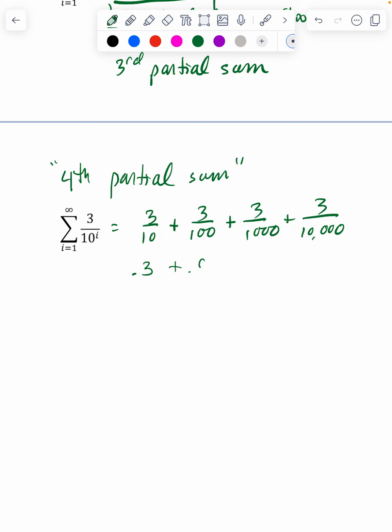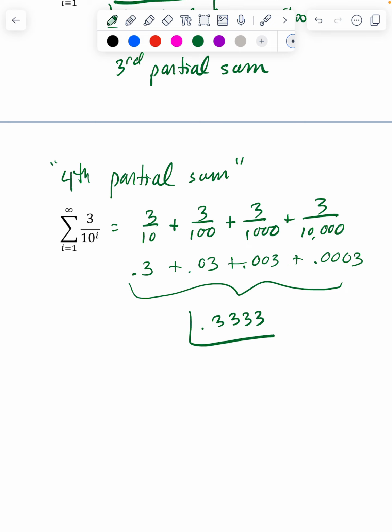Then we knew this was 0.03, 0.003, and 0.0003. And when you add up just those first 4 terms, you're going to get 0.3333. So that is my partial sum. Not 1/3, but 0.3333, because it's not rounded off. It just stops after that first partial sum.